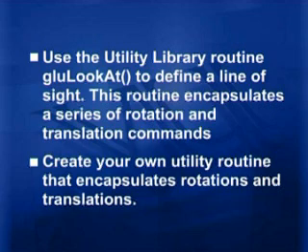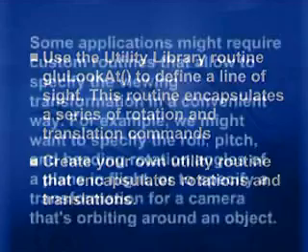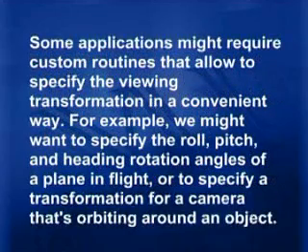Create your own utility routine that encapsulates rotations and translations. This is yet another option for you. Some applications might require custom routines that allow us to specify the viewing transformation in a convenient way. For example, we might want to specify the roll, pitch, and heading rotation angles for a plane in flight, or to specify a transformation for a camera that's orbiting around an object.